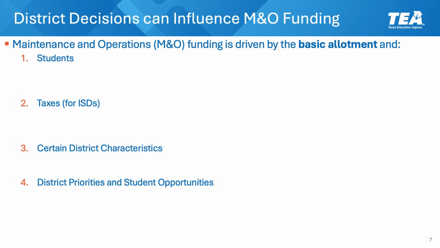Generally, you can think of maintenance and operations funding as driven by the basic allotment and then four large categories: students, taxes for ISDs only, certain district characteristics, and district priorities and student opportunities. But within those categories, there is some level of control.